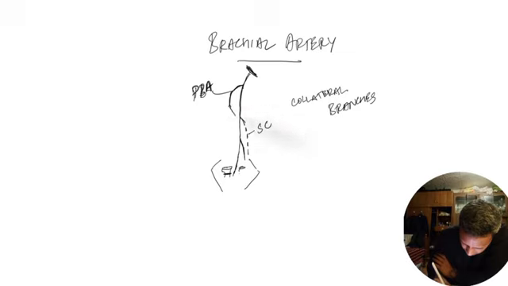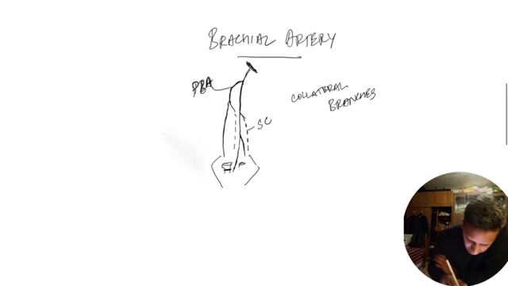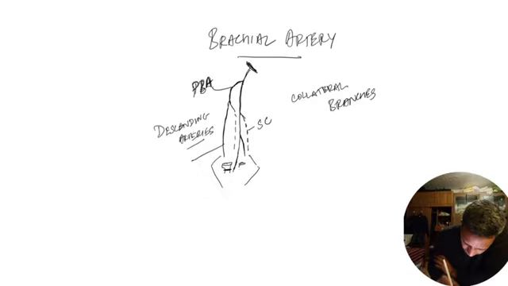One is your posterior branch and an anterior branch, right? These are called descending arteries. So this is your anterior descending artery, and this dotted line is your posterior descending artery.